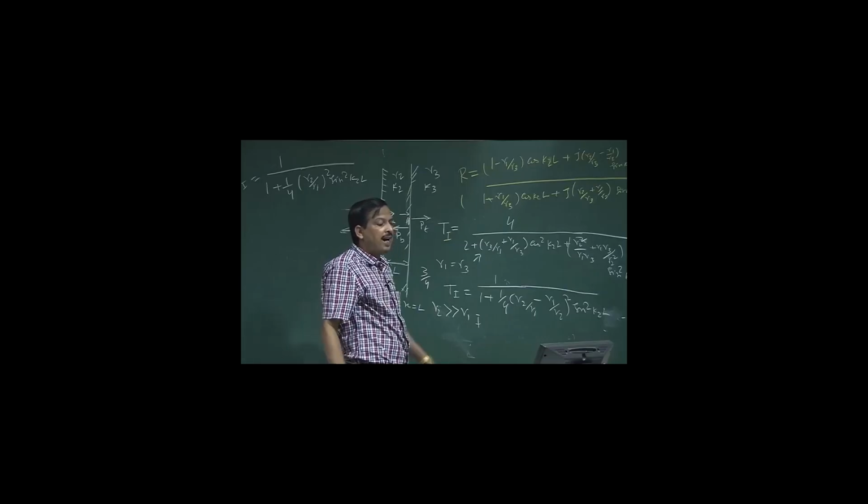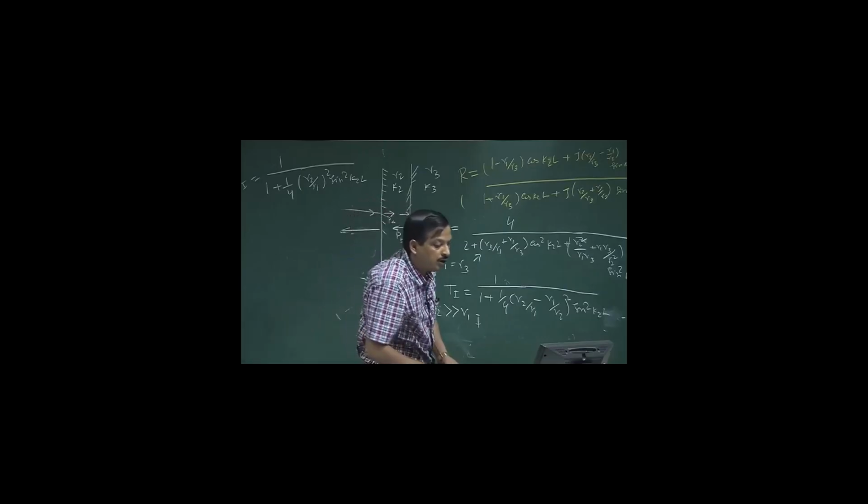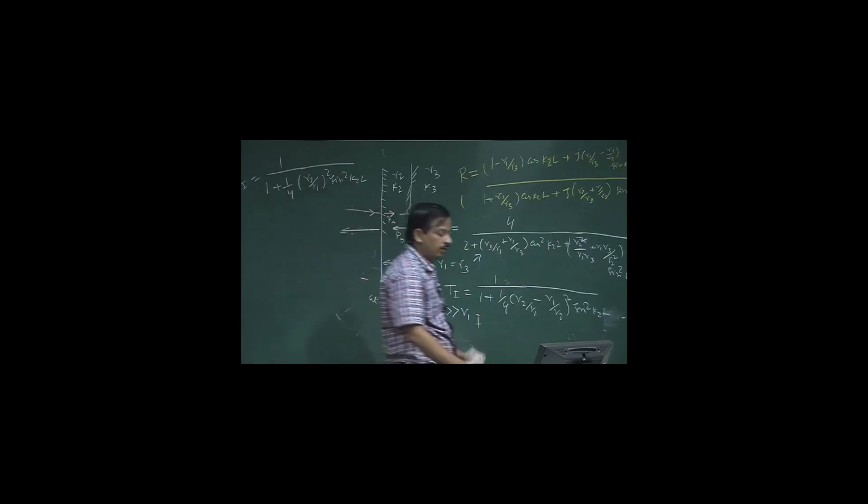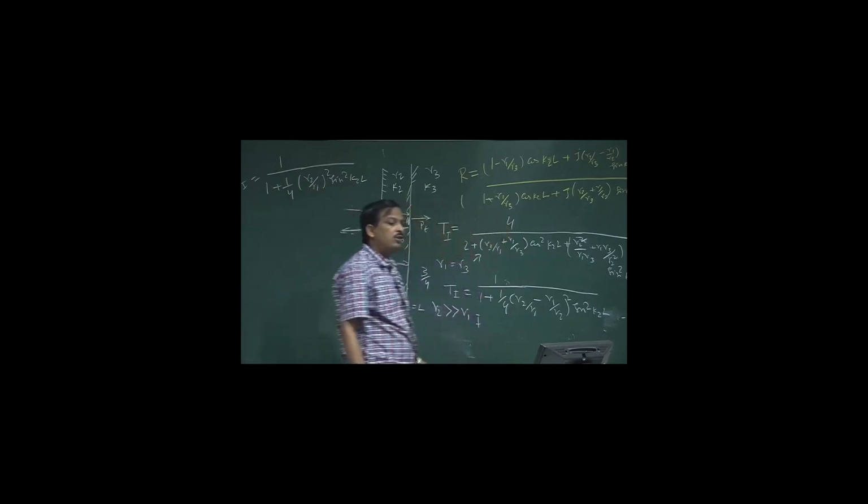This applies to the transmission of sound from air in one room through the solid wall into the adjacent room. So, this is the transmission coefficient: TI is 1 plus 1 by 4 [R2 by R1] whole square sin square K2L.